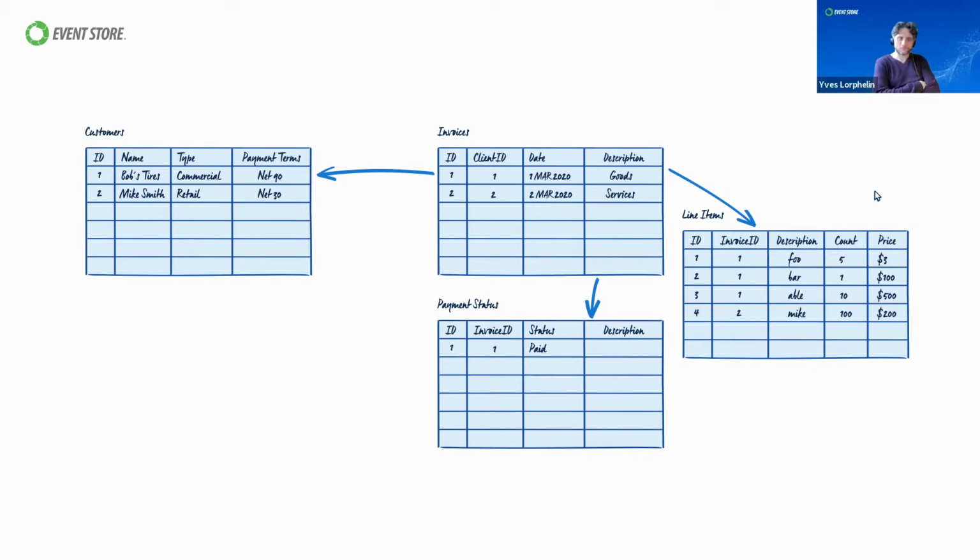One of the things that I find interesting is most people seem to come at this with a concept that they are losing structure and they're losing modeling that they had in a relational model when they come to event sourcing.